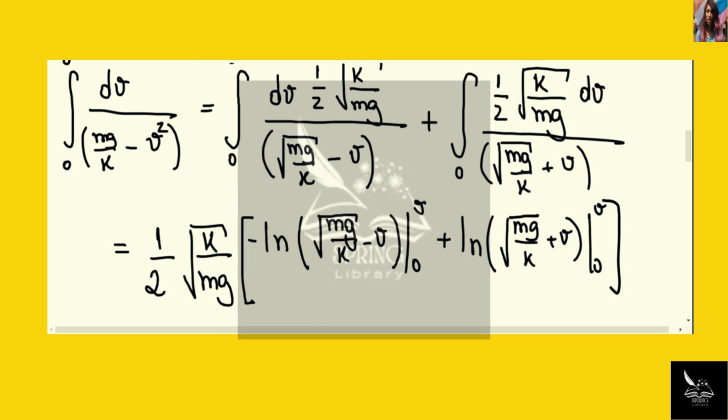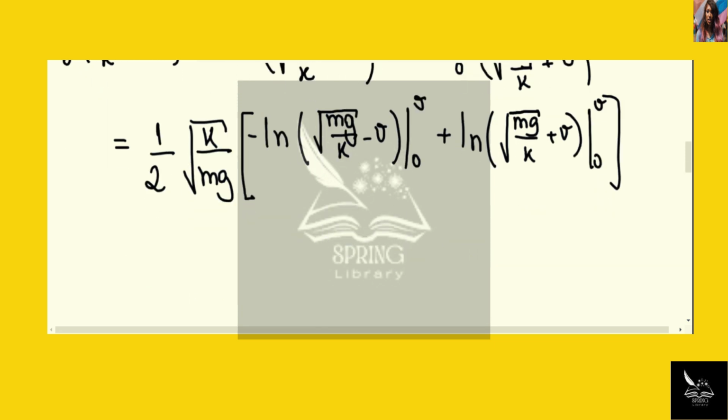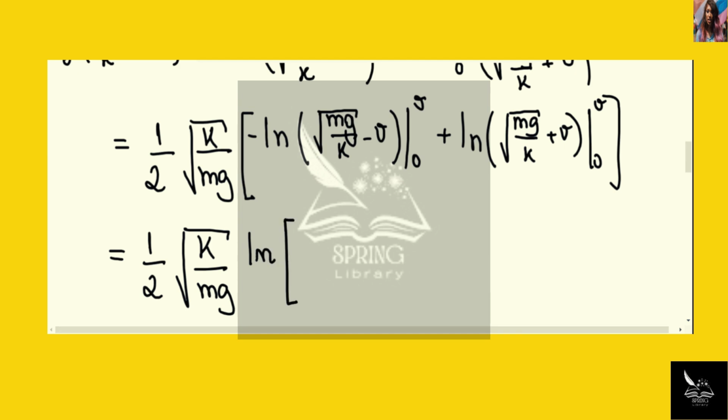Then notice that this is equal to 1/2 of the square root of k over mg times the logarithm of the square root of mg over k plus v divided by the square root of mg over k minus v.